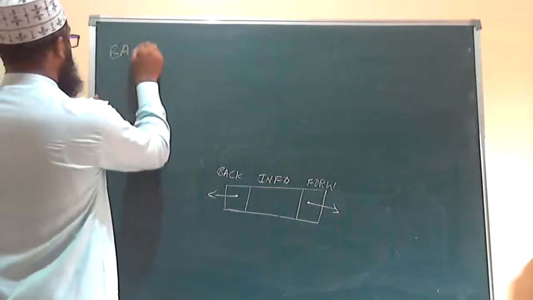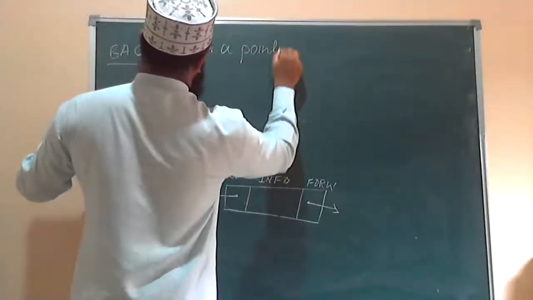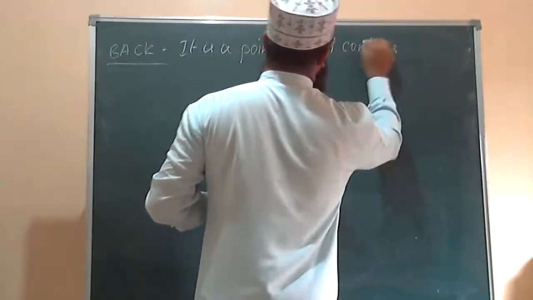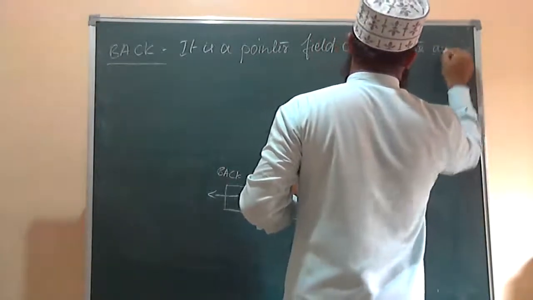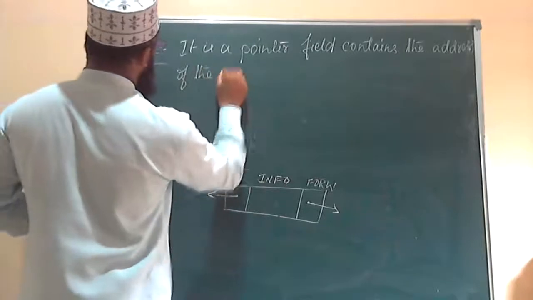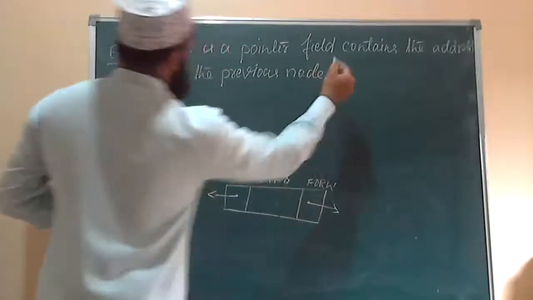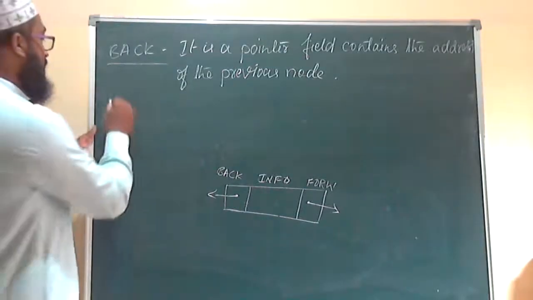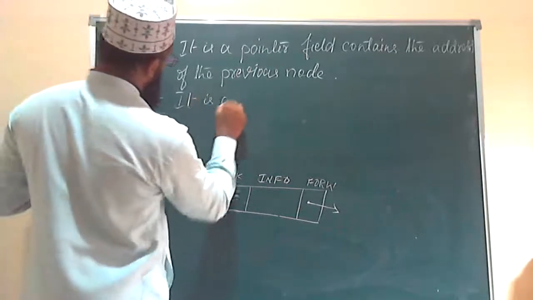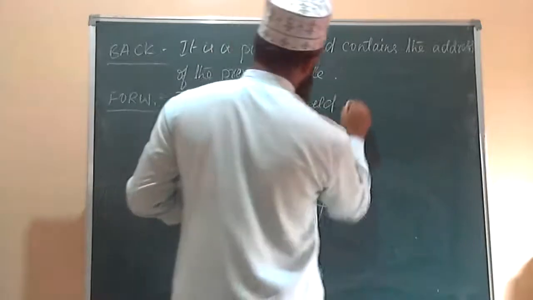Back is a pointer field which contains the address of the previous node. Then forward, FORW, is a pointer field which contains the address of the next node.